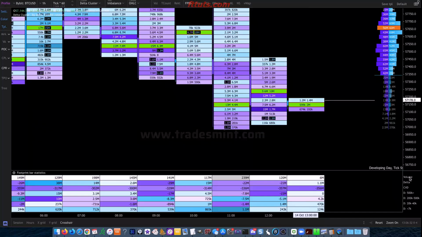So right here, volume, we can see this candle here had 120 million overall buys and sells combined. Delta, we can see here that this candle overall had negative 21 million delta. This is CVD, this is cumulative volume delta, something that is very important that we will get into in another session in this course, but you can see that for the entire candle.